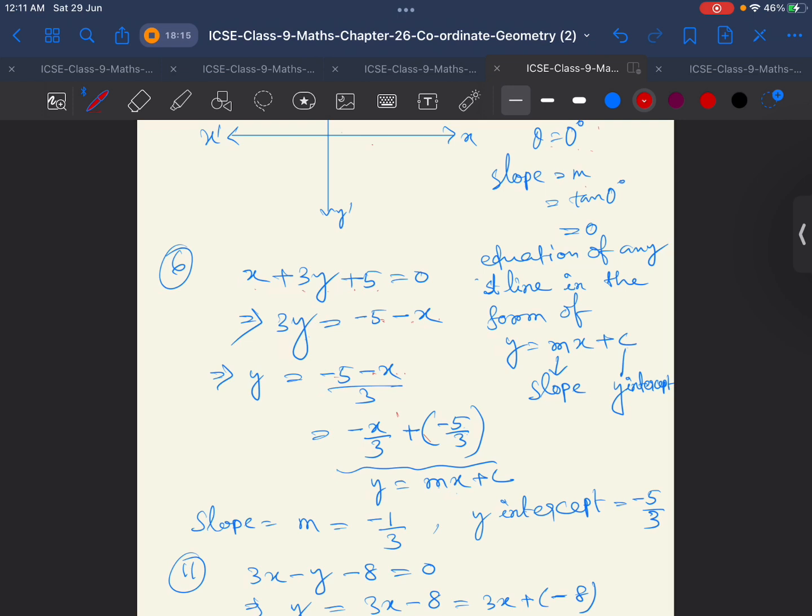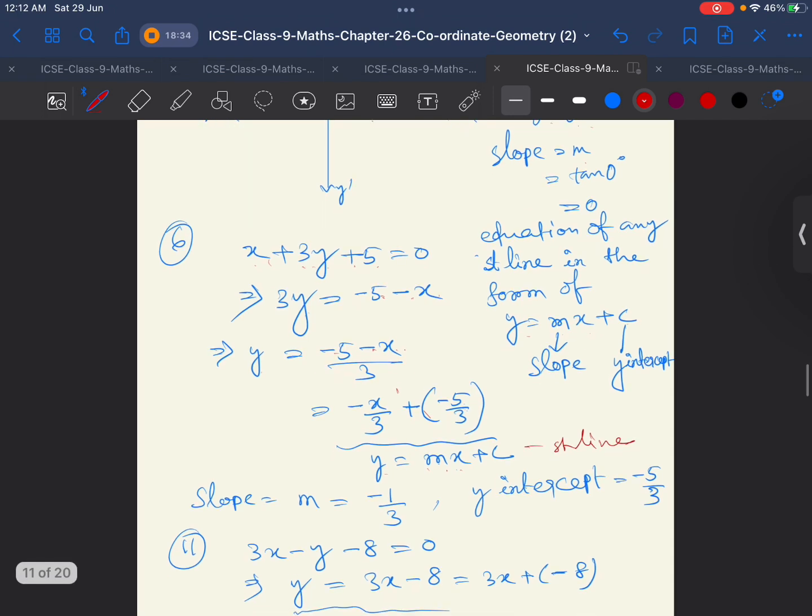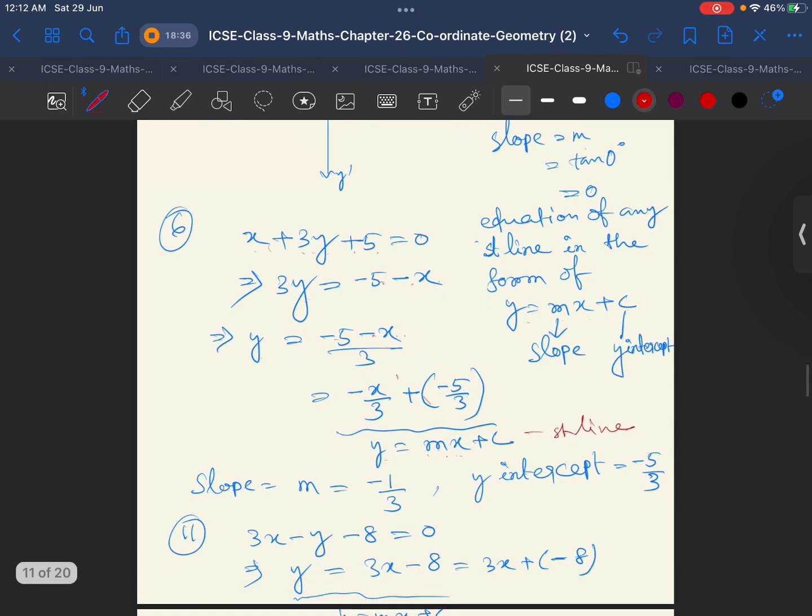The equation of any straight line can be written in the form y equals mx plus c. So we can write this equation x plus 3y plus 5 in the form y equals mx plus c.